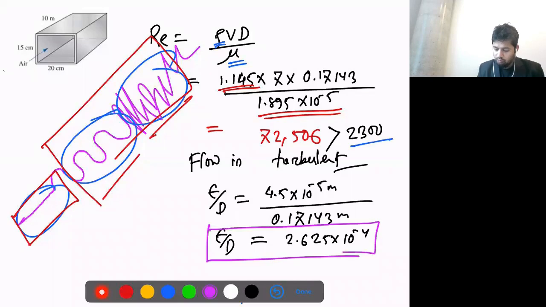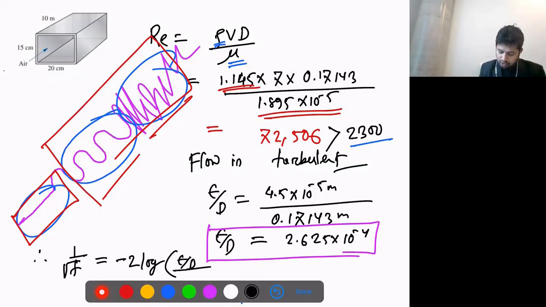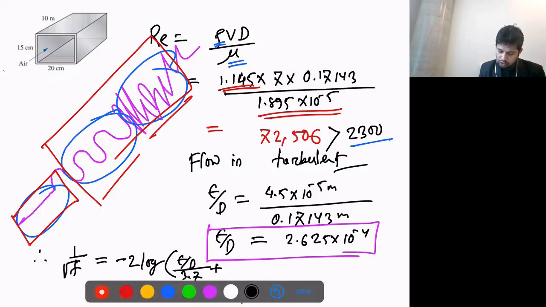For this problem, we will use the Colebrook equation. The Colebrook equation is 1 over square root of f equals negative 2 log of epsilon over D over 3.7 plus 2.51 over Reynolds number times square root of f.